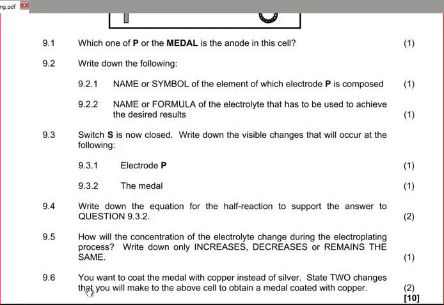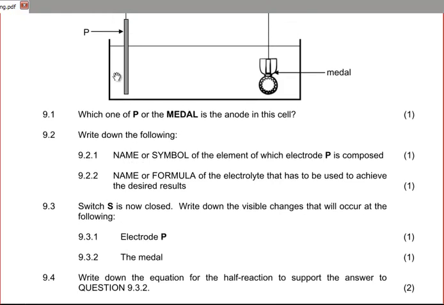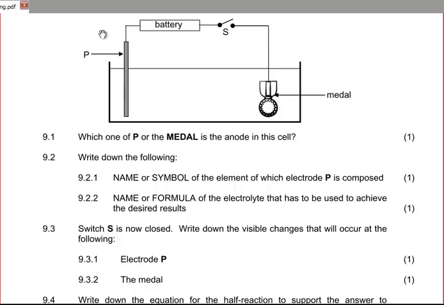Then secondly, we are going to replace the silver bar, or electrode P, which we have in this particular question, our anode, with a copper bar. So instead of having the silver bar there, we are going to have a copper bar, right?